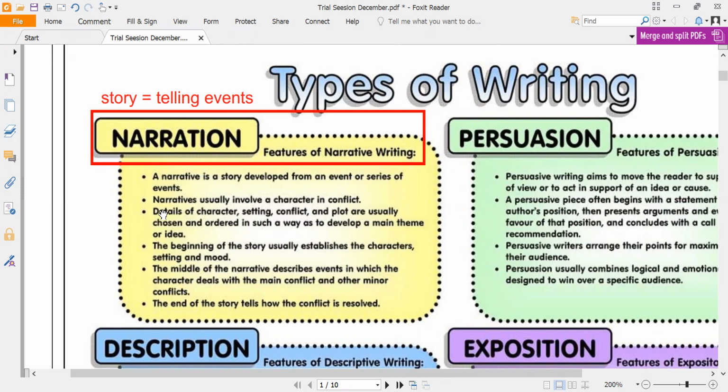The end of the story tells how the conflict is resolved.